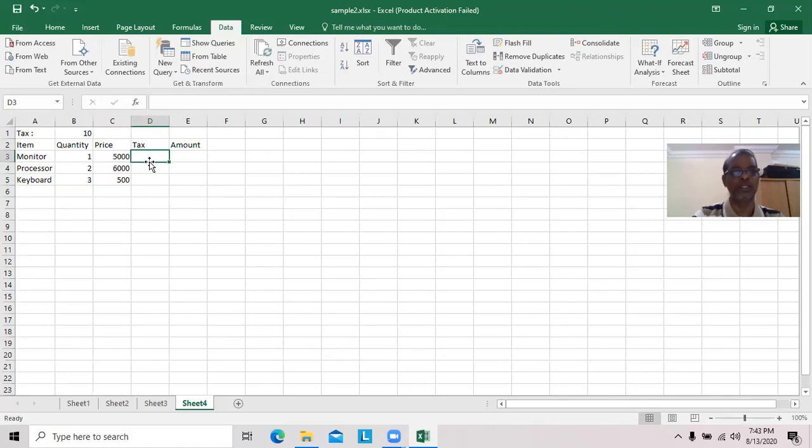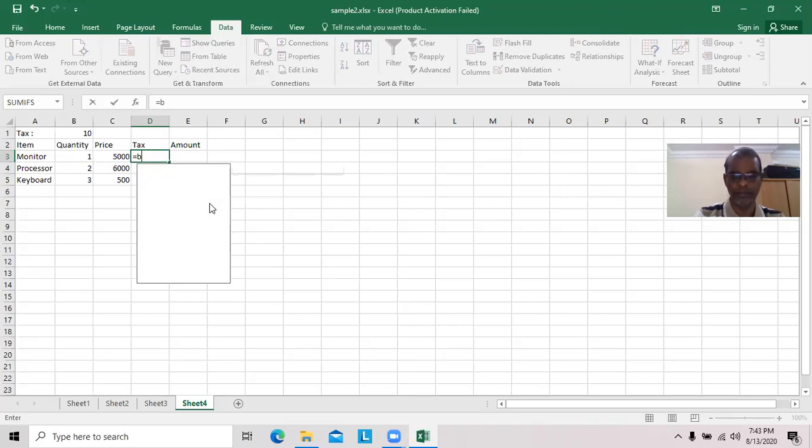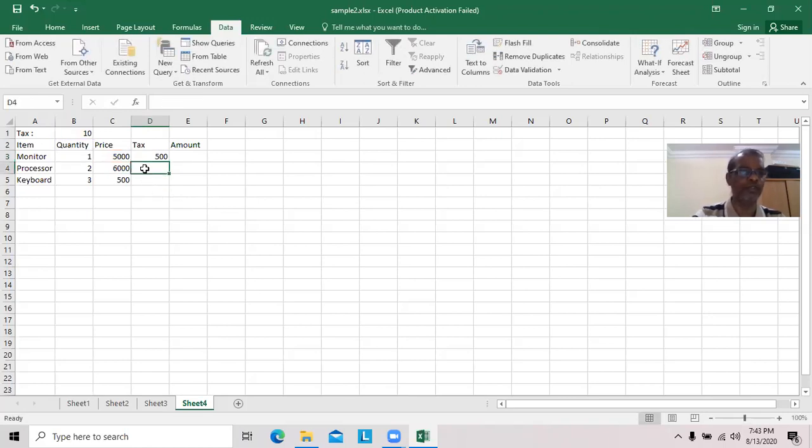Tax for this one. Quantity multiplied by price multiplied by tax divided by 100 equals B3 multiplied by C3 multiplied by B1, that should be divided by 100. So 500 rupees he has to pay. So we can directly drag it here. The problem here: see, B1 is where the tax is available.